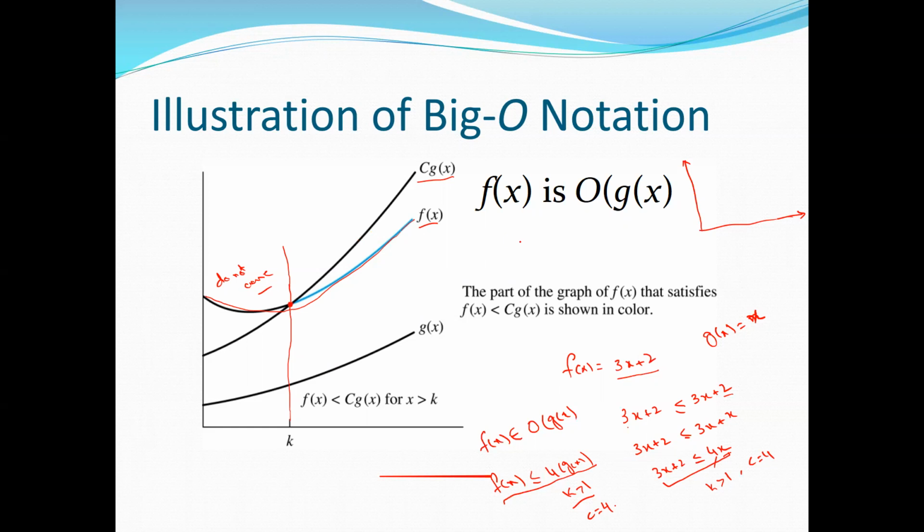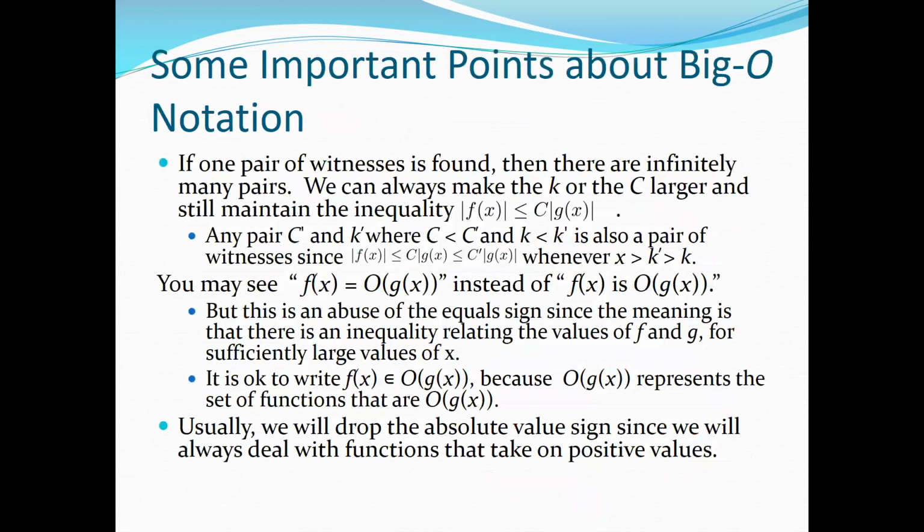That inequality is f of x is less than or equal to c of g of x for some k, for x greater than k. Clear? So if this inequality is true, we say that the function f of x is big O of g of x.